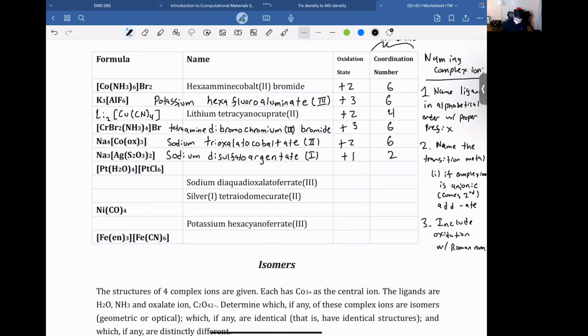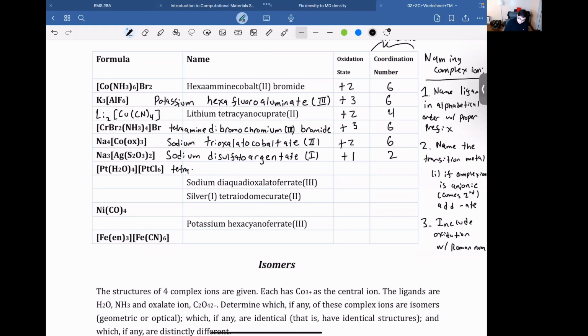Next, we have two platinums. We have two complex ions together. So this one's a little bit different, a little bit harder. For this one, what we can do is name them separately, and then we'll figure out the oxidation states in a second. So the first one, naming the ligands, the way you name water is aqua.